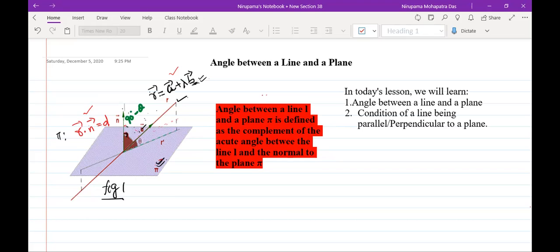And we are given the plane phi given by r vector dot n vector equal to d, where n vector is the normal to the plane.